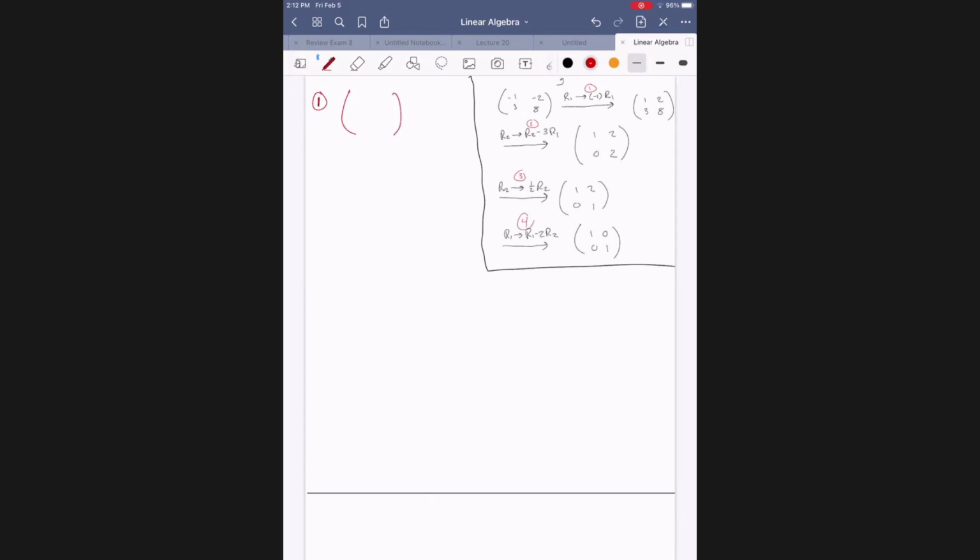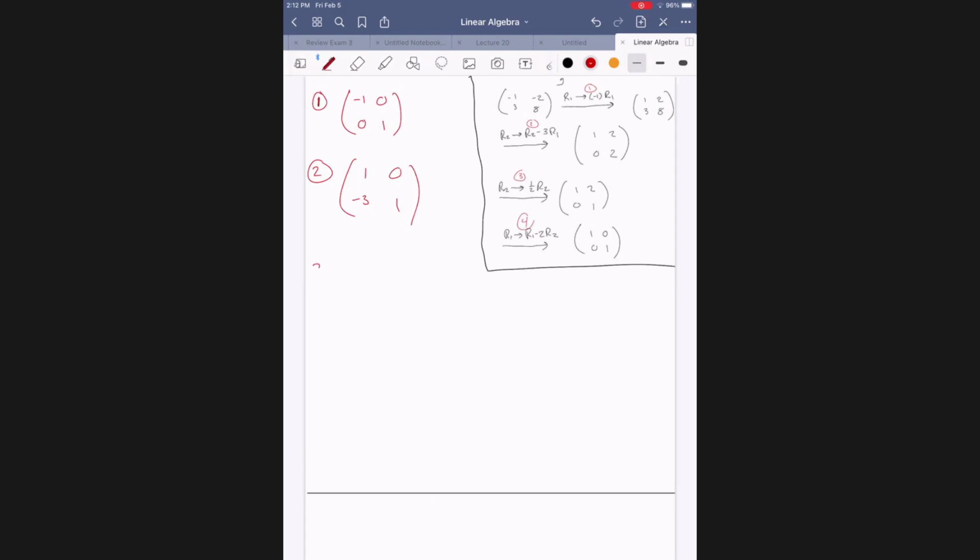By -1, sorry. So we leave the second row alone, and we scale the first row by -1. For number 2, we took the second row and subtracted. We only replaced the second row, so the first row is still fine and you leave that one alone. For the second row, you take -3 and 1. So you multiply the first row by -3 and then add it to row 2.